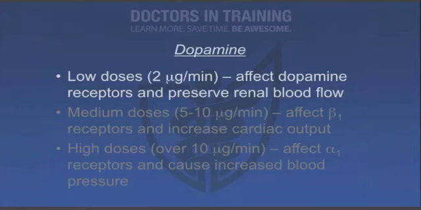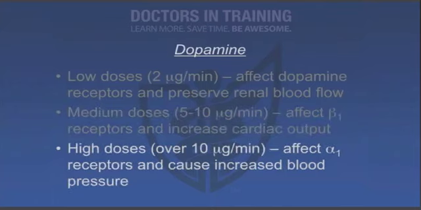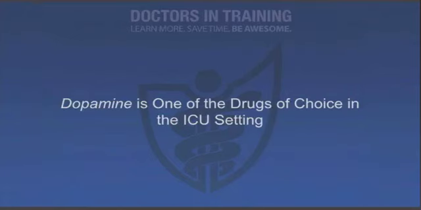So, just to make it a little bit more complex for you, at low doses, dopamine receptors, we save the renal blood flow. Medium doses, we hit the beta-1 receptors, we increase cardiac output. And at high doses, we hit the alpha-1 receptors, cause increased blood pressure. So it's almost like you're using 3 different drugs when you're really just using one. And that's why dopamine maintains its status as one of the drugs of choice in the ICU setting.